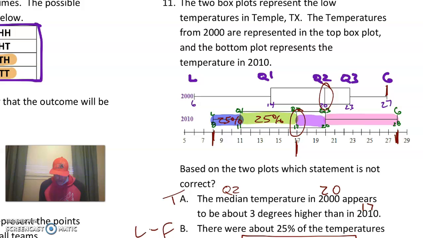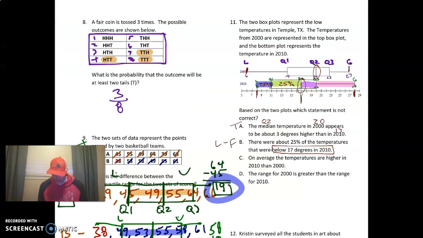So if we were to just estimate, yes, the average temperature was probably a little bit higher in 2010. That's really not a good question, honestly, because you can't find it. I know, I probably just confused you more. It's okay, I confuse myself all the time.